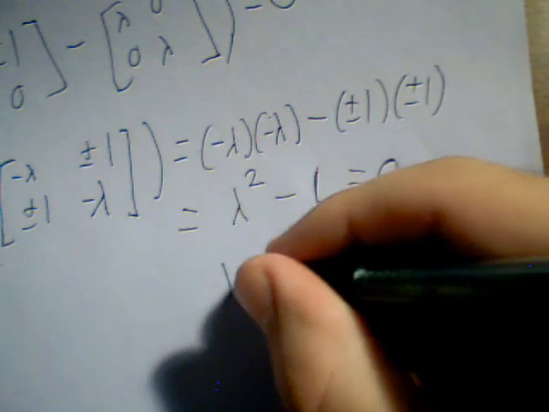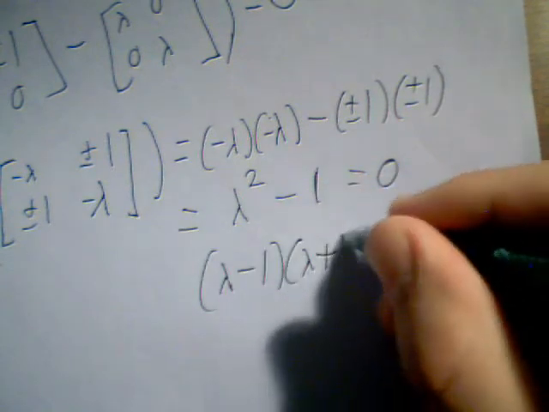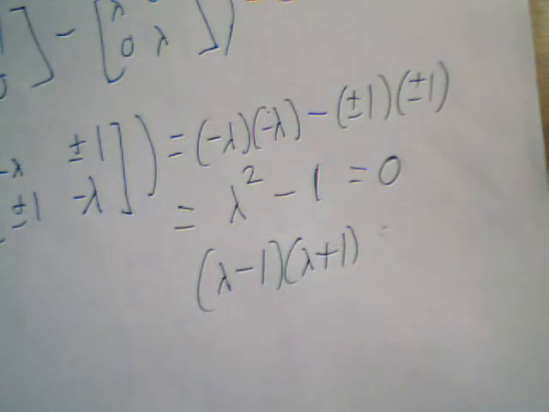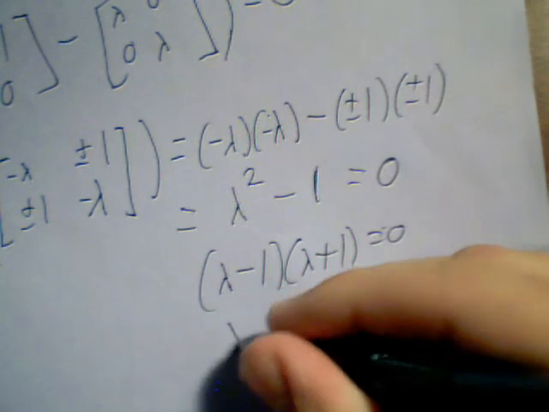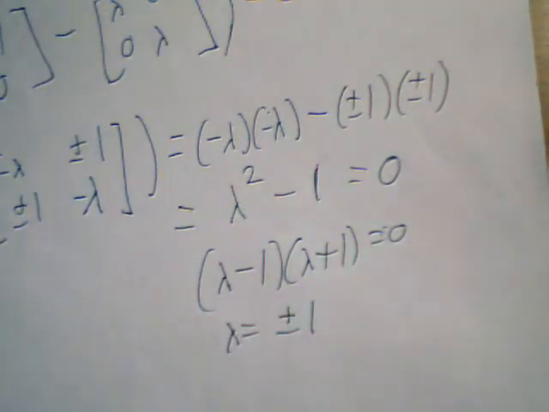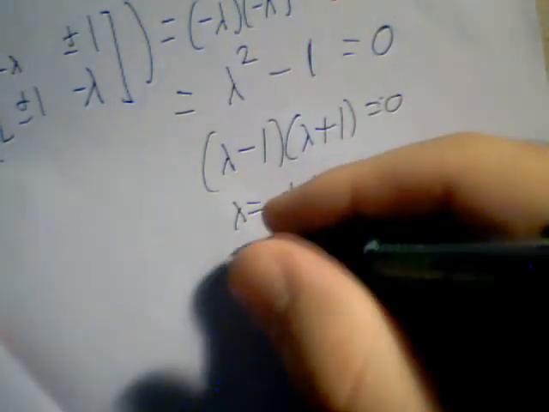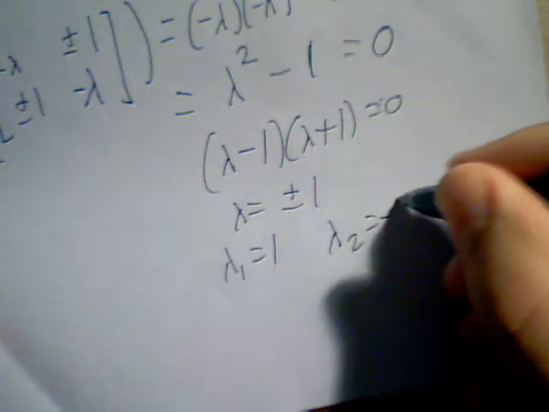Hopefully you remember that this factors into lambda minus 1 times lambda plus 1. If not, you can always use the quadratic formula and get the same answer, which tells me lambda equals positive or negative 1. More specifically, lambda 1 is 1 and lambda 2 is negative 1.